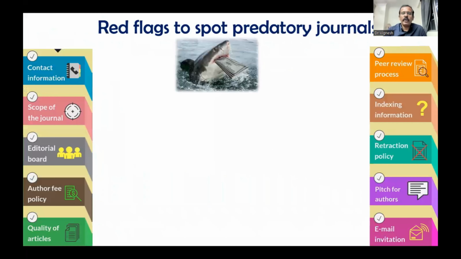We should avoid predatory journals because not only young researchers, even senior professors I know have fallen into such journals and wasted several years of work, which is as good as going down the drain.